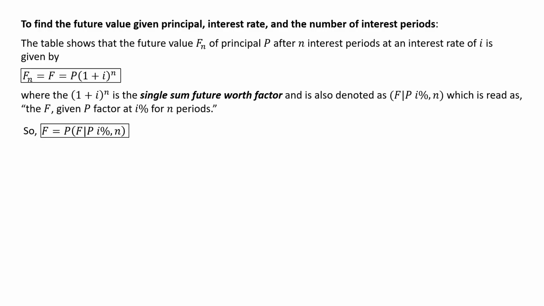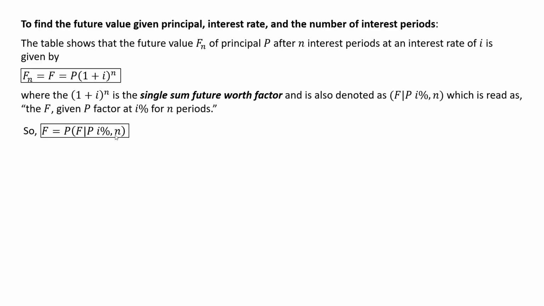people have constructed tables for these factors. As in, they would say something like, imagine P were to be 1. And if i is 1%, for 1 year, 2 years, 3 years, 4 years, what would these factors be? So there's a table of values like that. And then they say, okay, what if it is 2%?